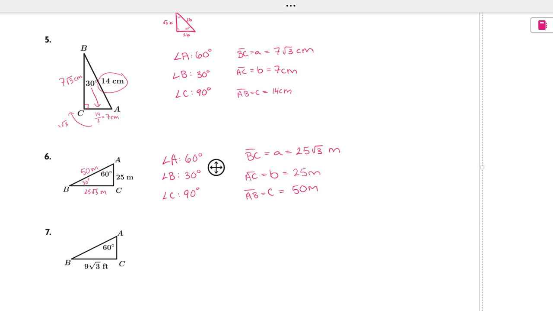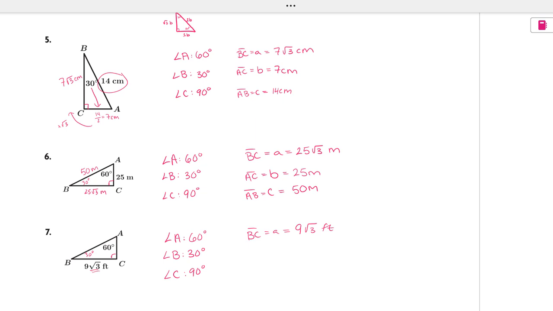Question 7. So let's label our angle A as 60 degrees again. Angle B then is 30 degrees. And angle C is still 90. Okay, so this time we have our length across from the 60-degree angle. That is our side A. So side A is 9 root 3 feet.